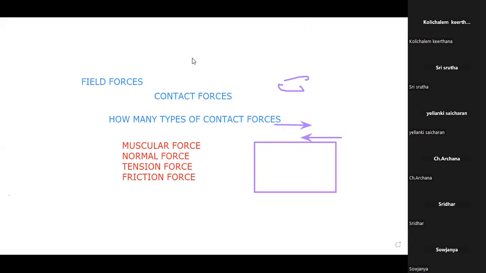When a ball is moving on the ground, this is the momentum of the ball, the direction of momentum of the ball.